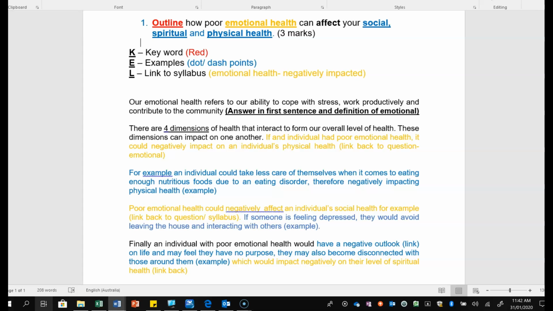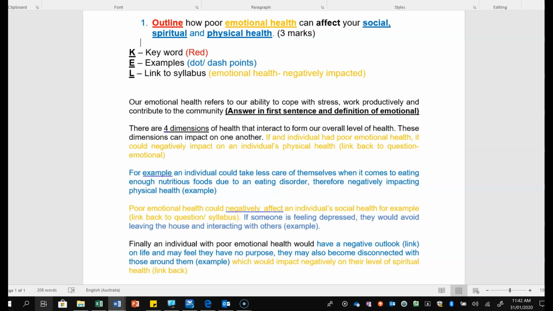Then you move on and look at, well, it's asking me on emotional health, social, spiritual, and physical health. So you identify that they are the 4 dimensions, and it's asking you to link social, spiritual, and physical health back to emotional. So you would write at the top of your question, these are the dimensions of health, and it is only a dash point.